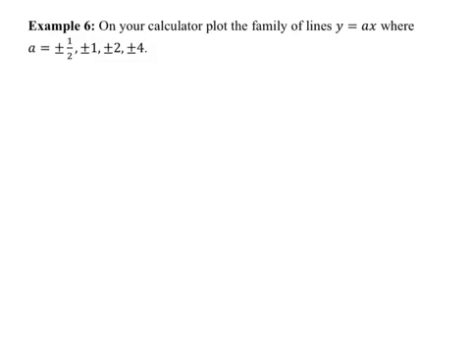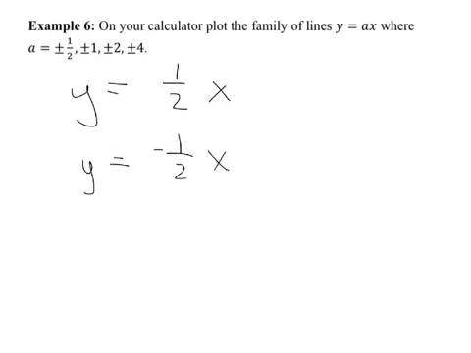The problem says the following. On a calculator, plot the family of lines y equals ax, where a could be any of these possible values. So what I want you to do is this. In y1, plot 1/2 x. In y2, plot negative 1/2 x. Graph them together.